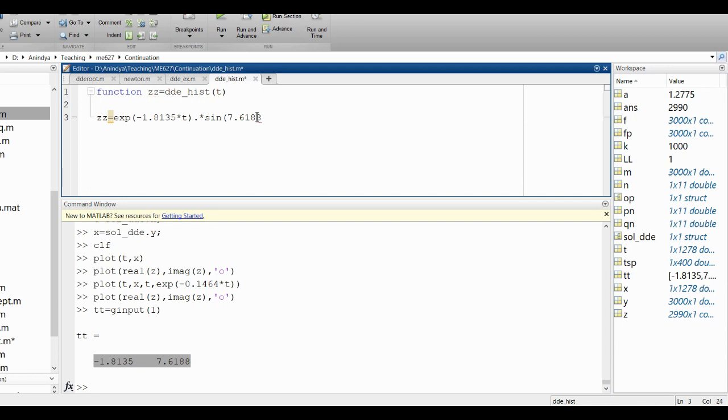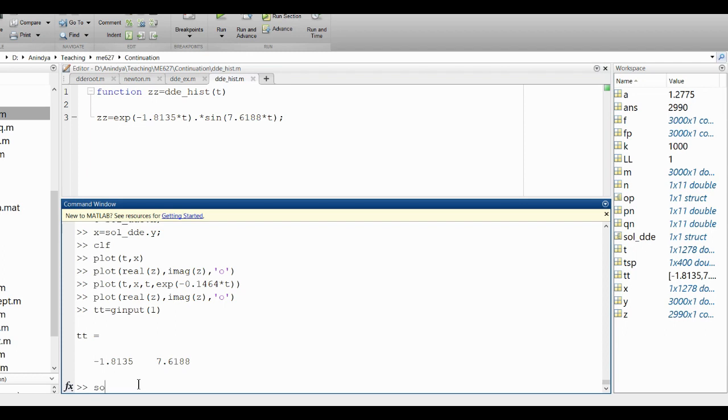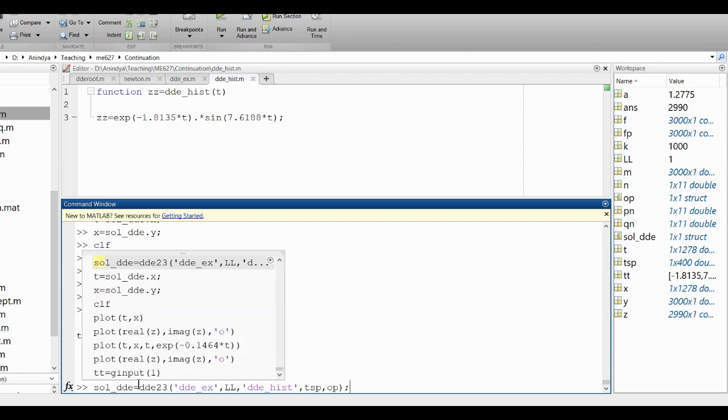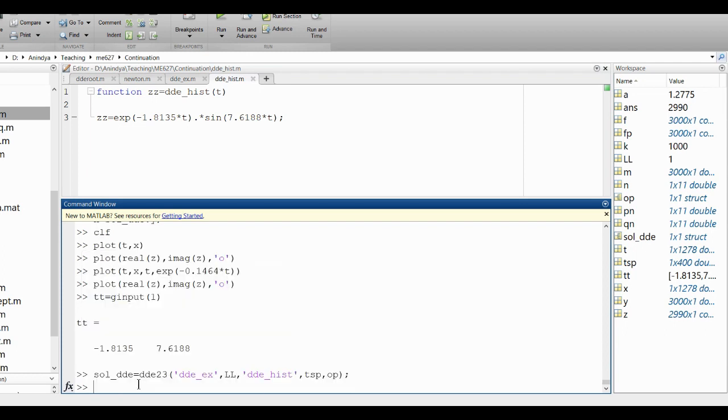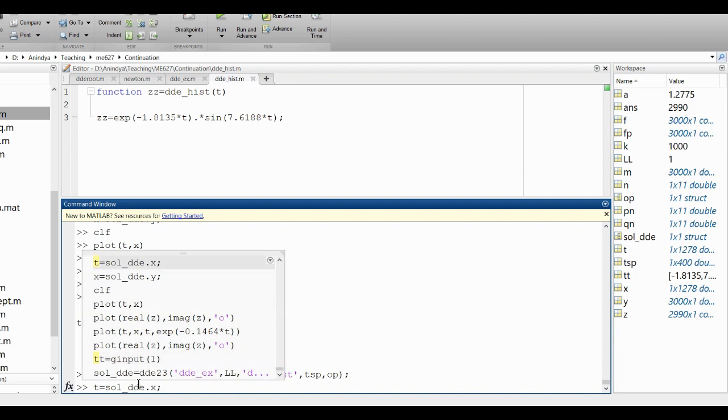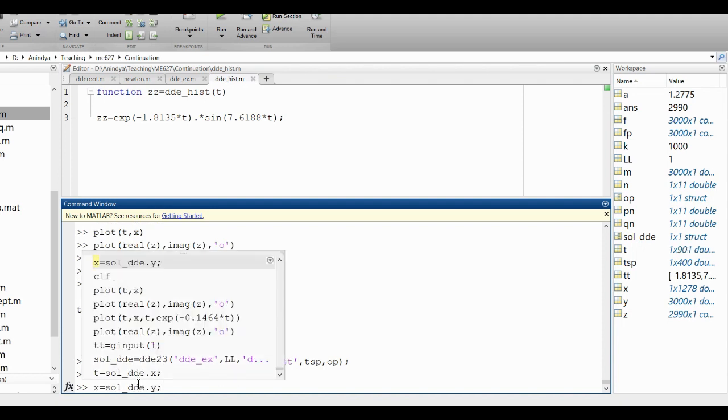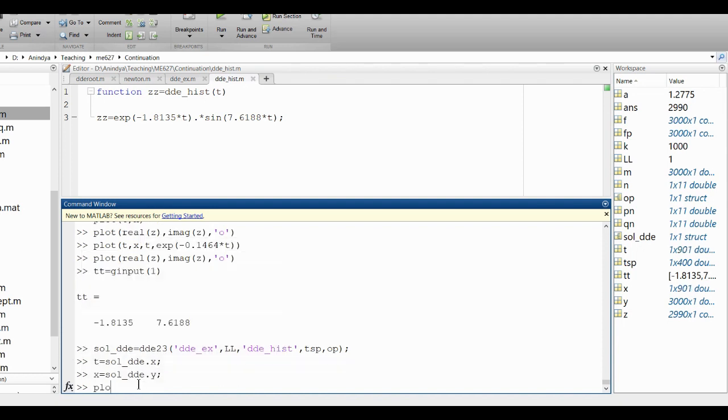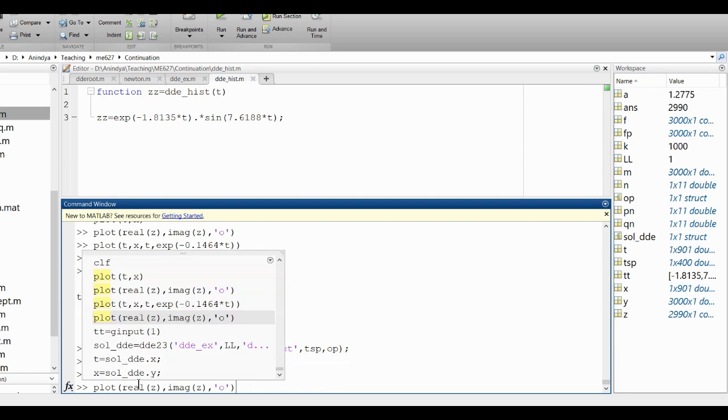See, this is a faster decaying solution, right? Suppose my initial condition is in that direction. In that case, when I solve, you see it won't match.